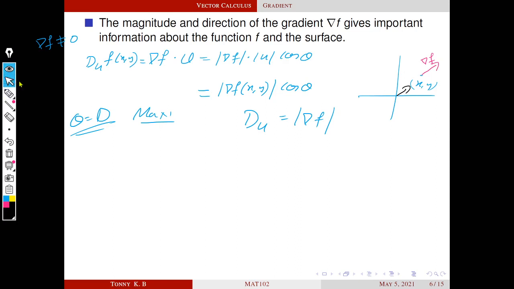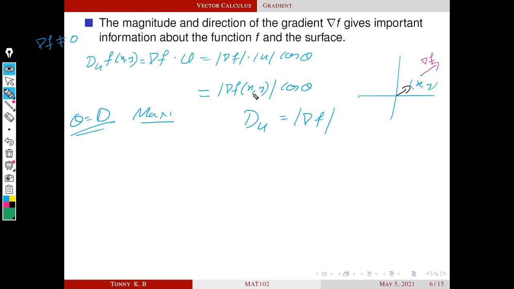Similarly, we have another question: what is the minimum value of the directional derivative at this point and in which direction? Again, from the same formula, it is mod del f into cos theta.